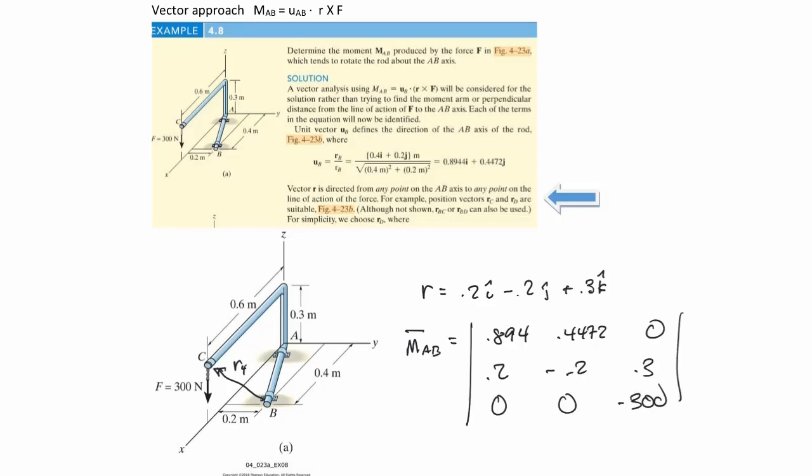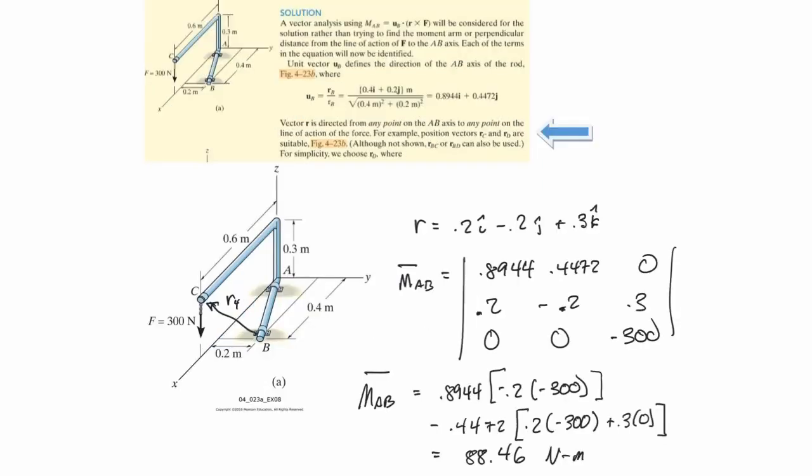All right. And then when we do the dot product, let's go ahead and just write it out. I'm going to stop the video while I do that, and then you can catch up here when I'm done. Okay, I've done the multiplication here.